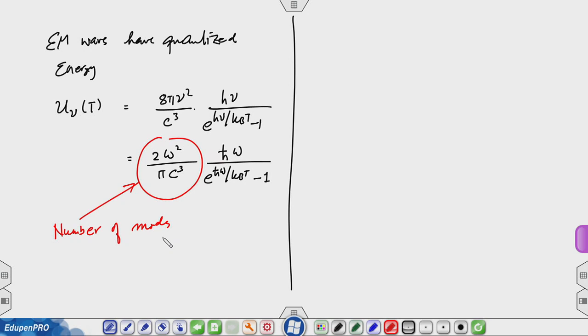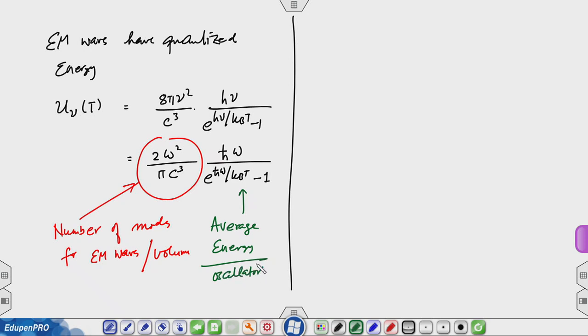There we had counted number of modes. It's exactly in the same manner that we are writing number of modes for EM waves per unit volume, and the second term is average energy per oscillator.